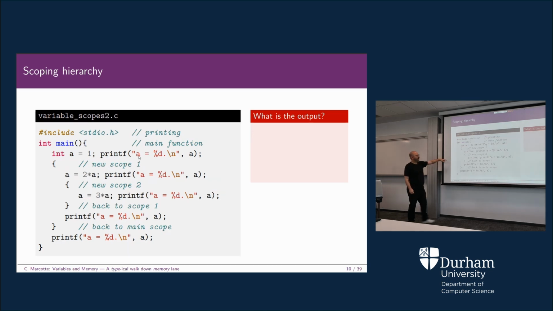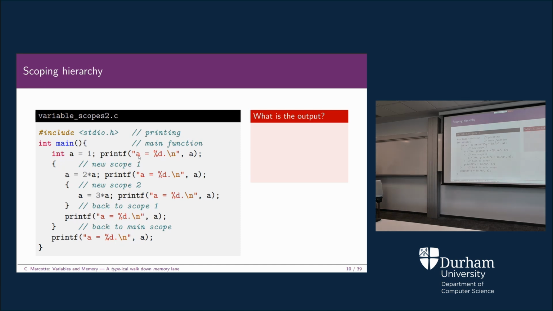This is the same program, except we're not reallocating a. We are just reusing the existing variable name. So a equals 1 is the same, then a is equal to 2a, a is equal to 3a, and then we back out the scopes again.